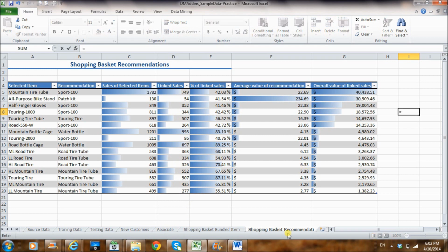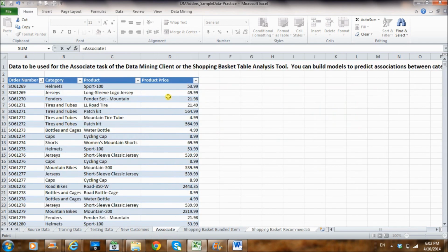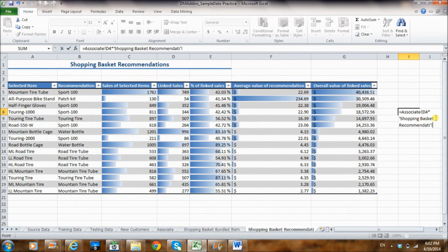So for example, let's calculate. The Sport 100 price is 53.99. Okay, so multiply that by the number of linked sales. So that is exactly the same. Can you see that? $40,438.